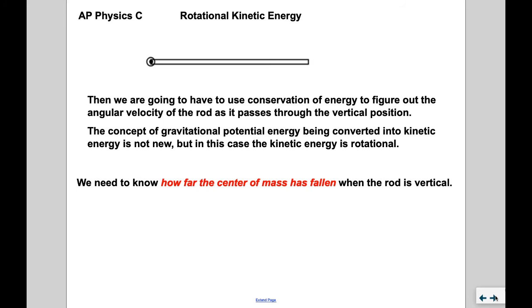So the key to problems of this type is that we need to know how far the center of mass of the object has fallen when the rod is vertical.